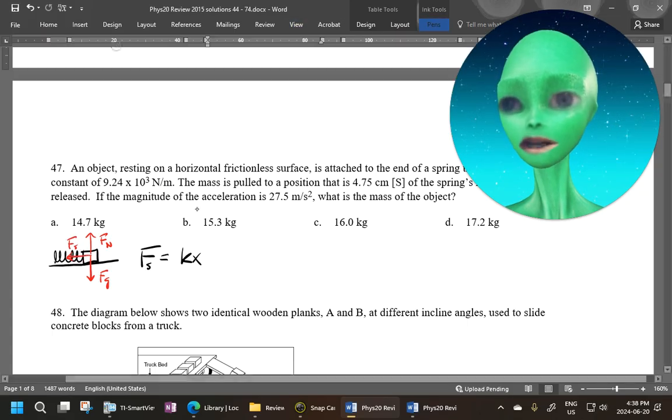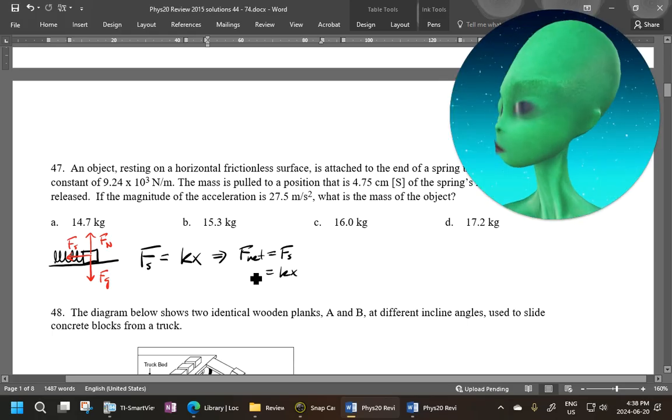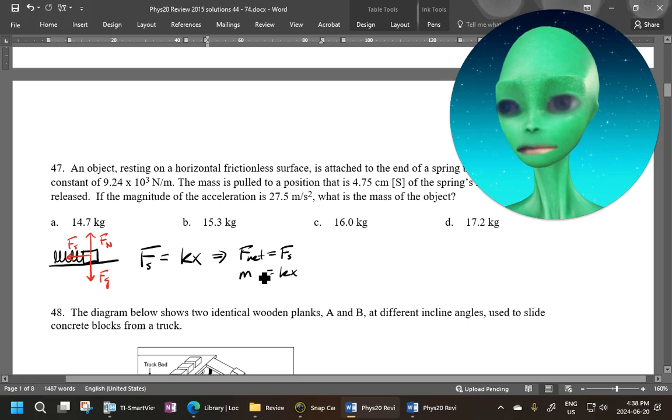So my net force is this Fs, which is then equal to kx, right? Remember, net force is also equal to mass times acceleration. So now I can rearrange this equation to find mass. Mass is equal to k times x divided by acceleration, which they give us.